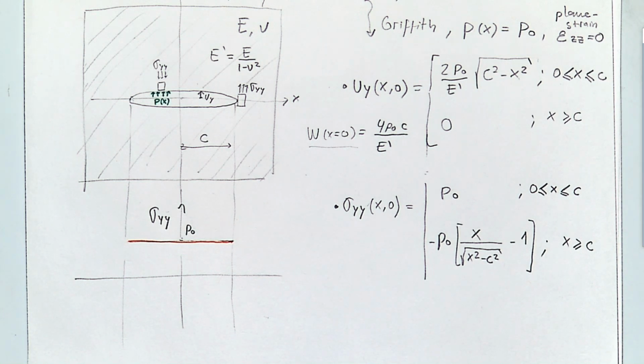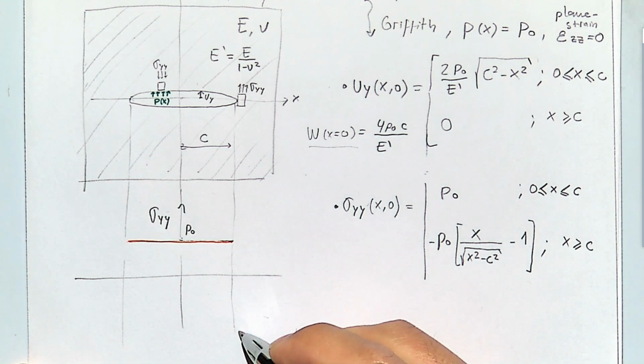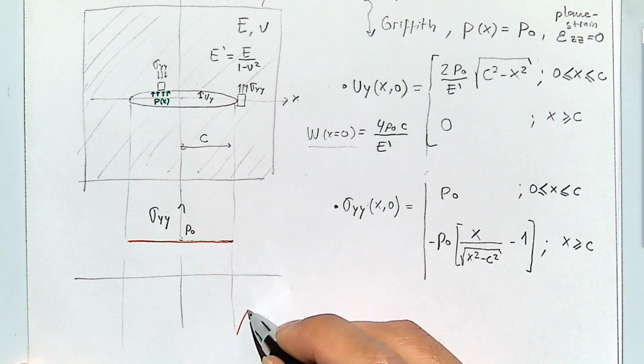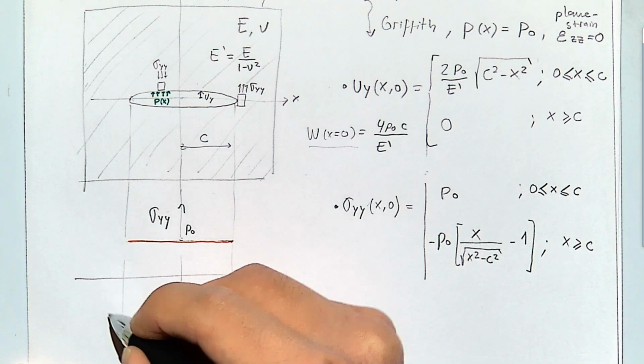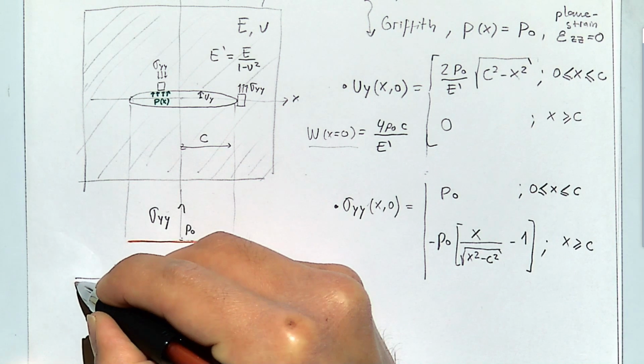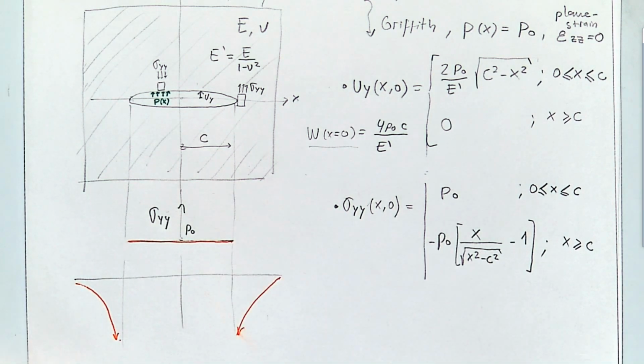Infinite what? Negative infinity. So at the tip, what this solution tells you is that stress is going to go to negative infinity. And that's not possible.